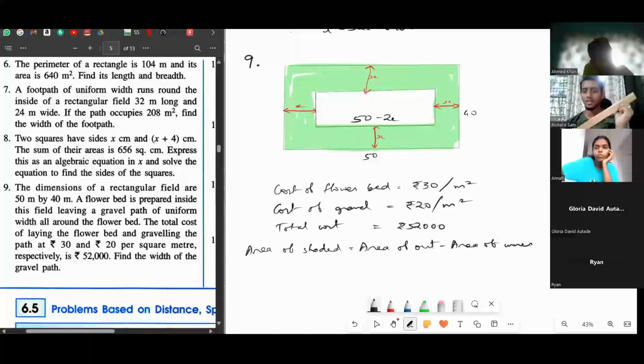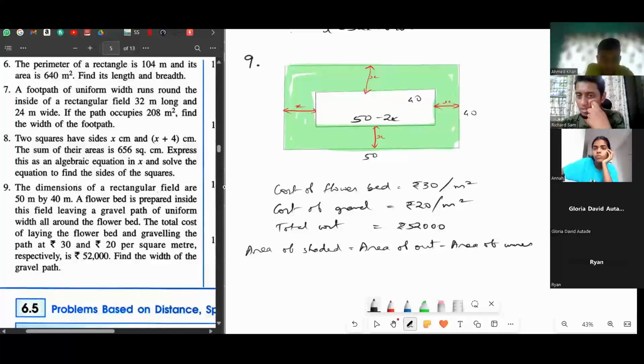Is that right, everyone? You're minusing x from both the sides. So the length is 50 minus 2x. And what about the breadth? Whole thing is 40, so 40 minus 2x. Okay, that's the inner length and breadth.